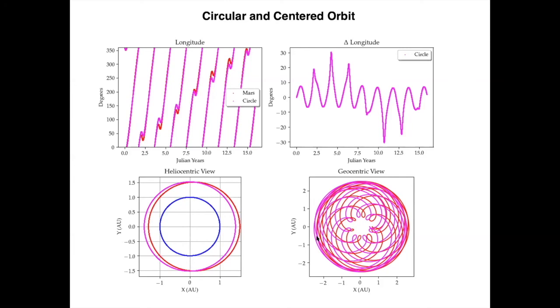The model does not reproduce either the shape of the orbit or the longitudes. The predicted positions of the retrogradations, specifically, as you see here from the upper right plot, are off by as much as 30 degrees from the actual position of Mars. There is absolutely no way that you can use this model to predict the position of Mars.